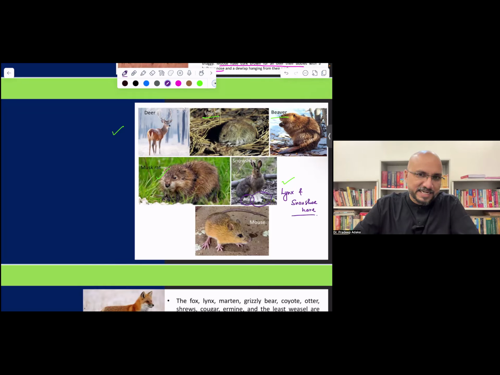So a study was conducted in Canada. If you remember, as the prey population falls, the predator population will also fall. So there, I have shown some pictures also where the snowshoe hare color was white. So it depends on the season. In the winter season, you see the day length will also trigger the melanin pigmentation.